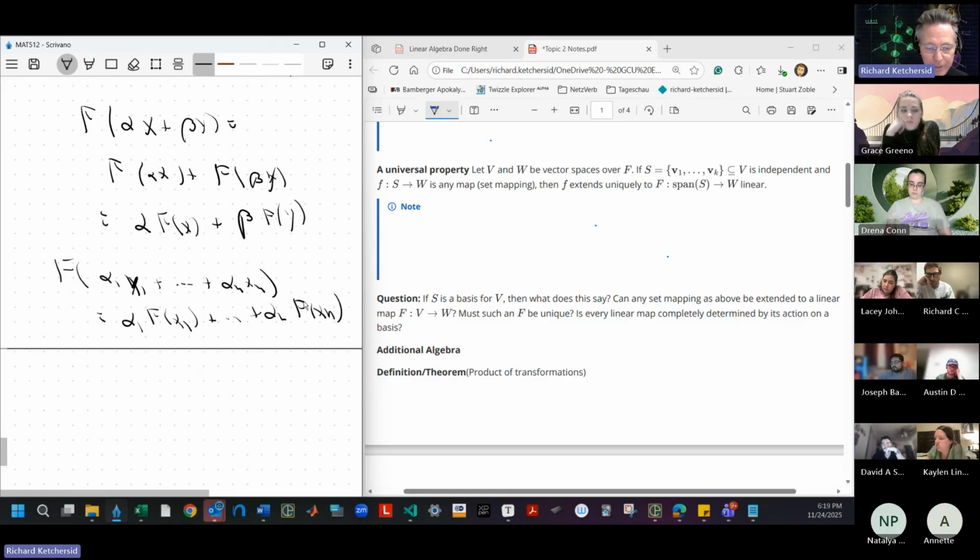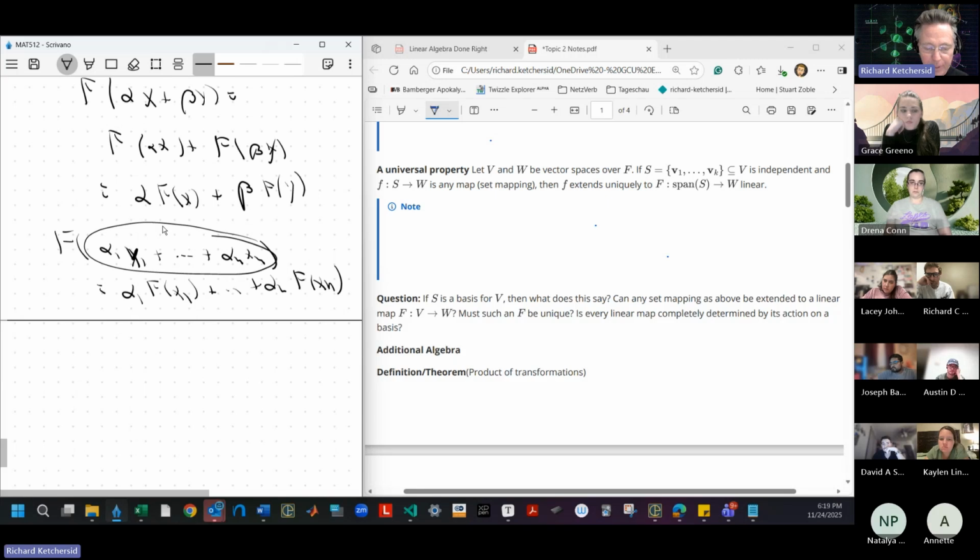So the way you think about this is over here I have a linear combination of the xi's. Everyone see that linear combination of the xi's? And you see this, it's a linear combination of the f of xi's, right?